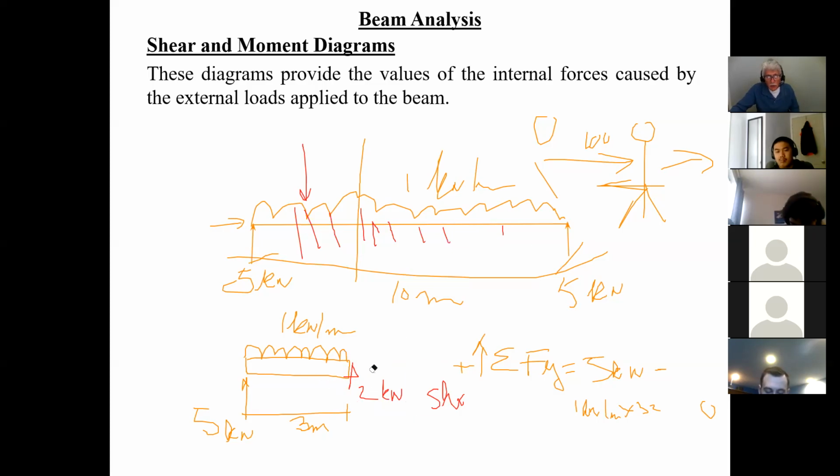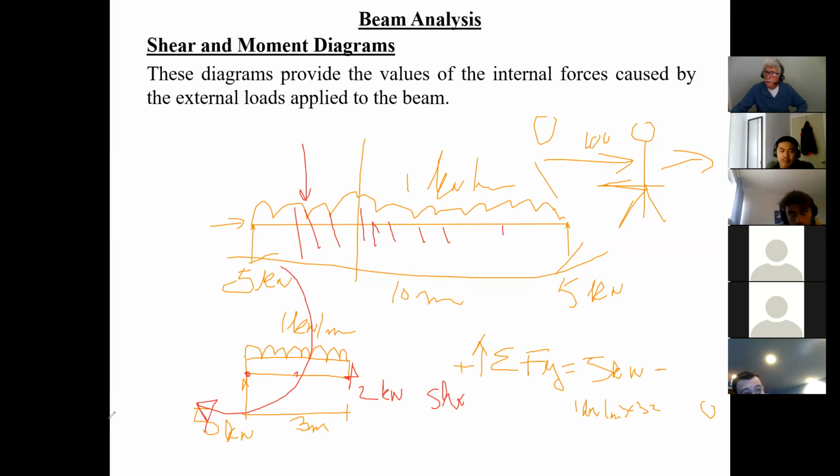Now, if I look at this, and if I take moments about any point on this beam, if I take moments about this point here, or this point here, and the sum of those moments is not equal to 0, can everybody see that this beam wants to rotate this way?